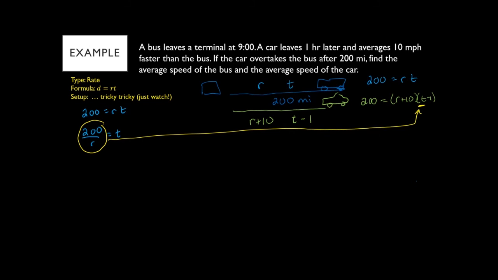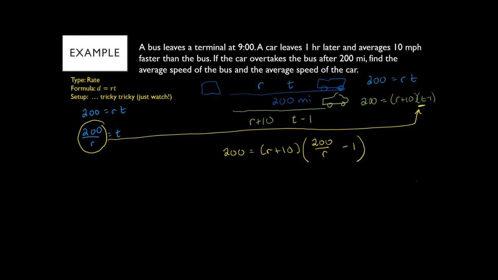And then we have only one variable. So I'm going to have 200 equals R plus 10, and then instead of T, I have 200 over R and then minus 1. So you can see that this is a rational equation. We've got a variable in the denominator, but it is going to be a little tricky.